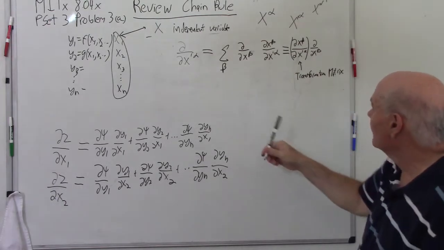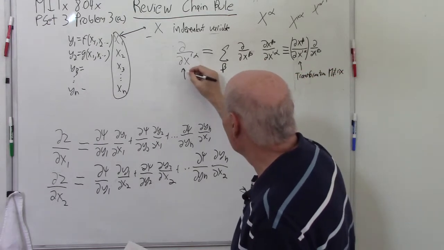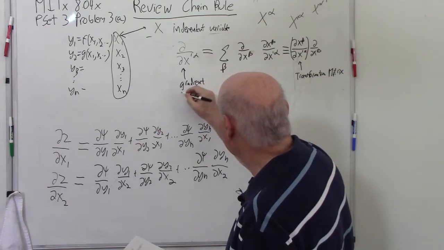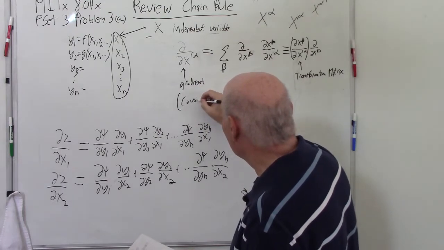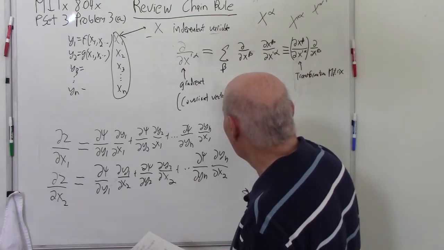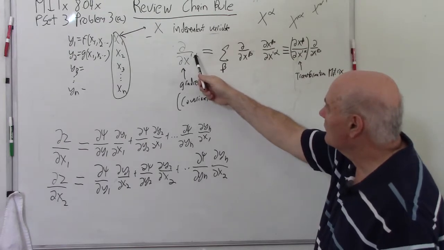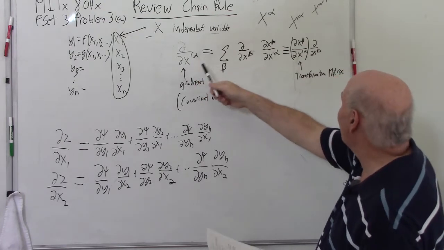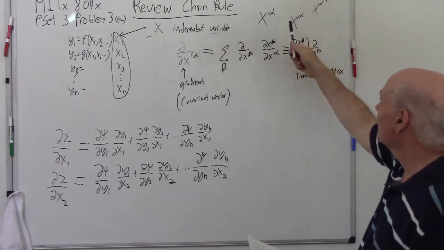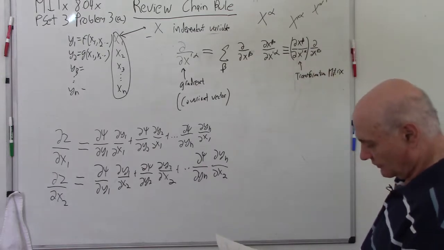Everything is linear. So this is called the gradient. And it happens to be something called the covariant vector. If you notice, the index is up here, but it's in the denominator, so effectively this is a down index. Up indices would be called contravariant, down indices are covariant, and this is the transformation matrix.